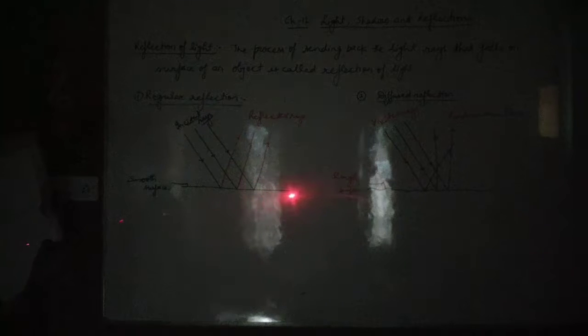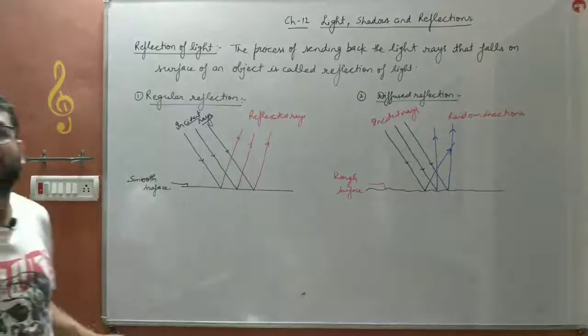I am not placing this laser light over the board directly, but you can see when this laser light is striking the mirror and I am moving the mirror, the position of the laser light keeps on changing, as this mirror is a good reflector of light. So the laser light in my hand is reflected and it is falling over the board. So this activity proves that the plane mirror is a good reflector of light.